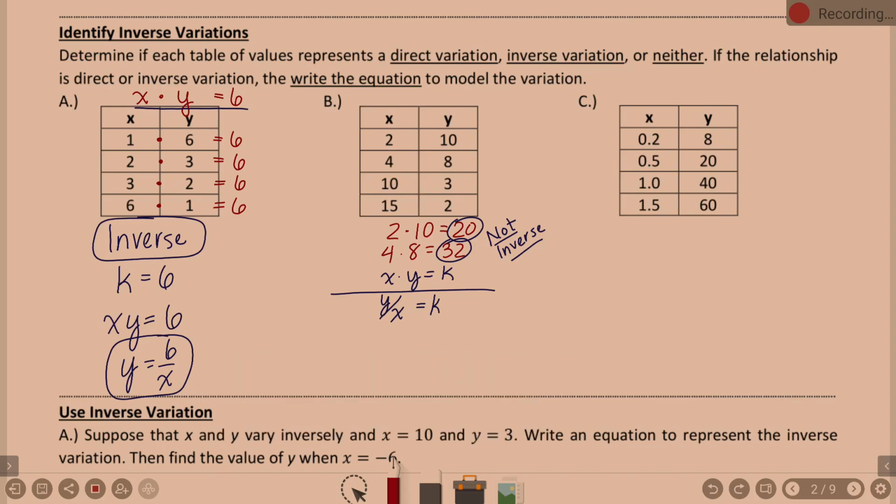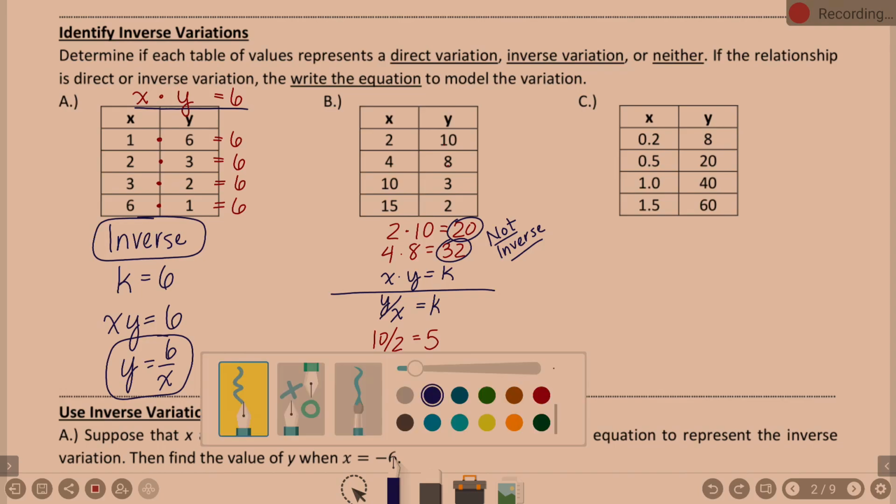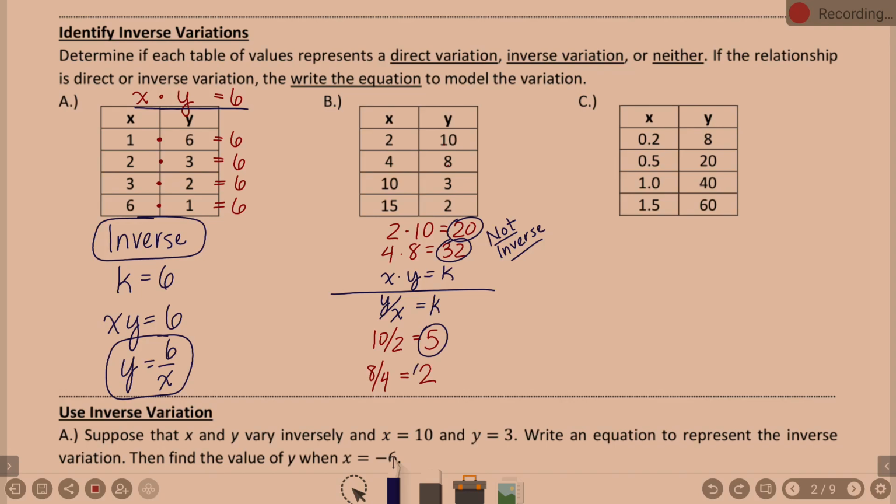Okay, so if I try a couple of y divided by x, so 10 divided by 2 is 5. 8 divided by 4 is 2. And I can stop there, can't I? Yeah. I got 2 different numbers.